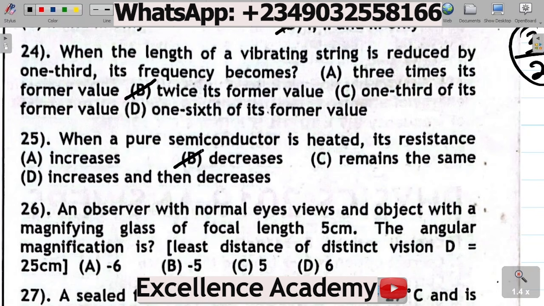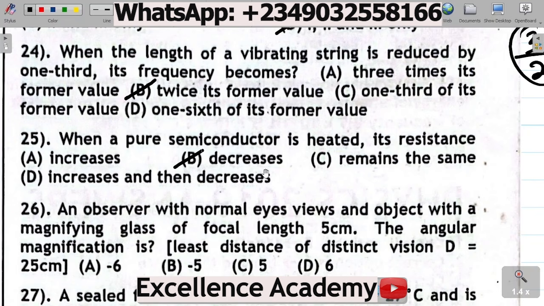Now, here's what you want to note. Heating a pure semiconductor produces more charge carriers. And when you have more charge carriers, it increases its conductivity. Don't forget that semiconductors can conduct a bit of electricity because they have charges or electrons flowing through them.